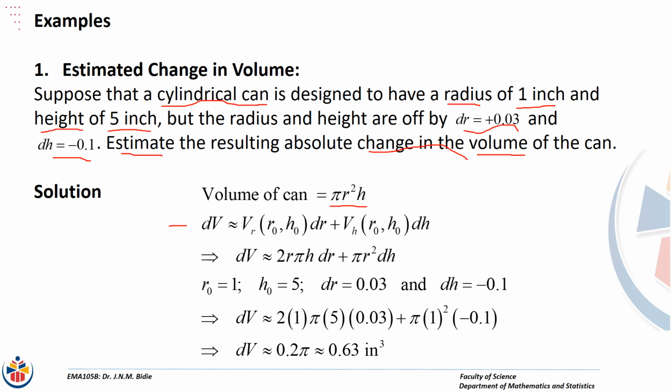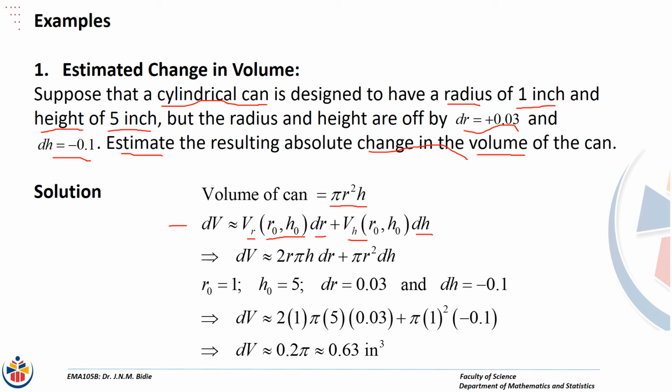So that means V will be differentiated with respect to R first. And note that those are the initial values. And then dr, which is the error. And then we've got V differentiated with respect to H, and then the error in height.